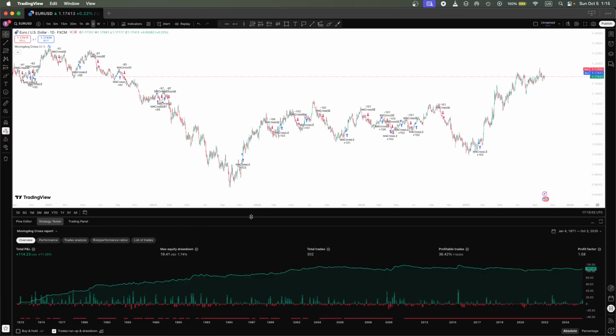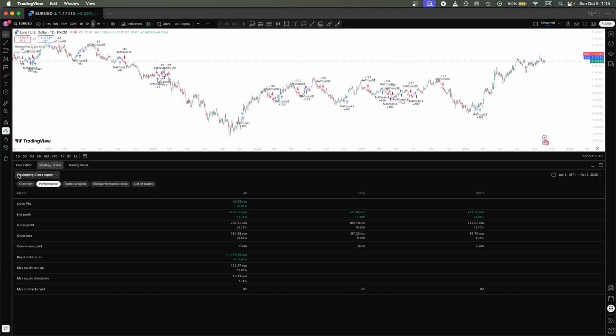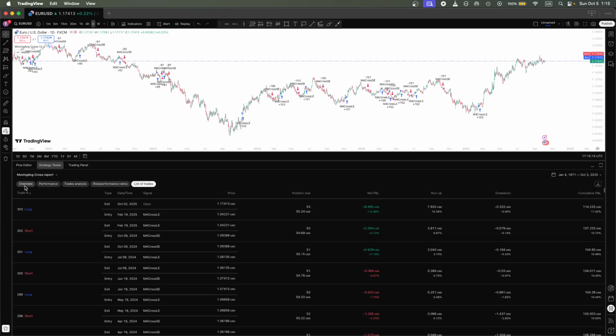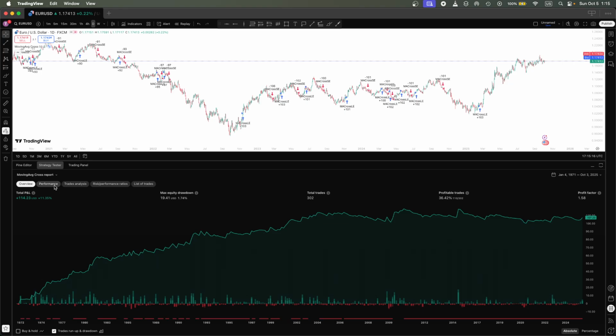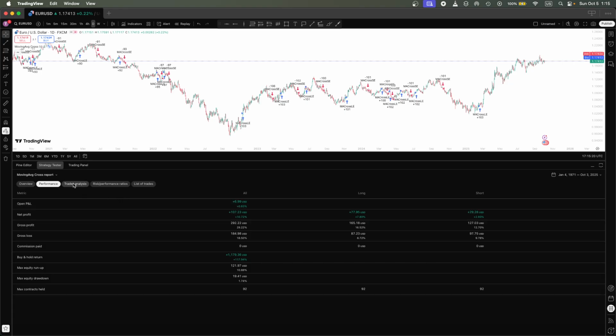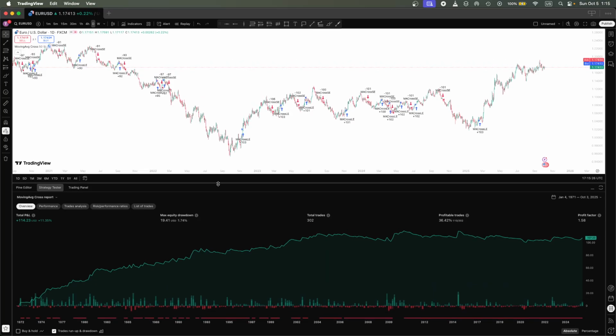Now you have ChatGPT. Let's say this is your strategy, you can take a screenshot of all this, and then just ask ChatGPT or Grok or Gemini, is this a good strategy based on this, and it will give out all the relevant information.